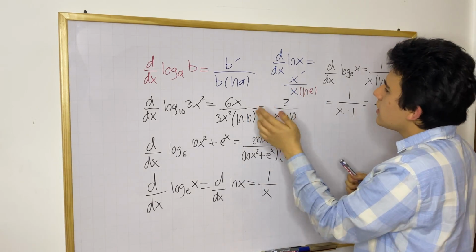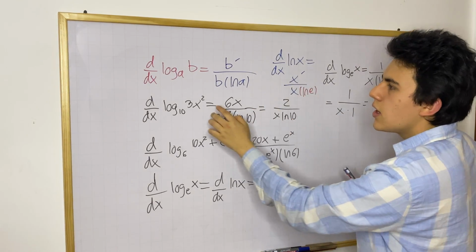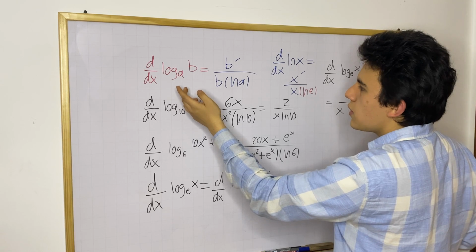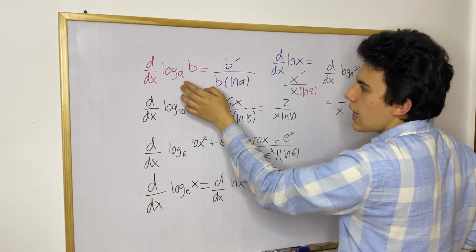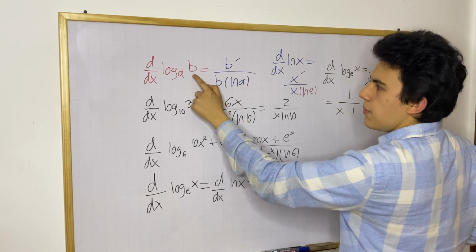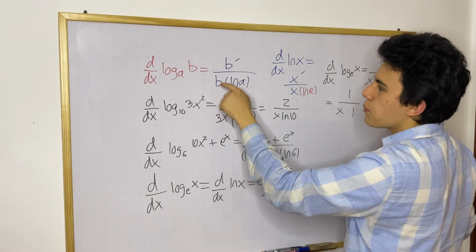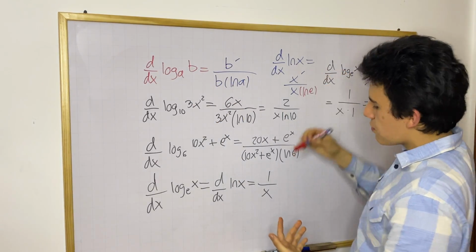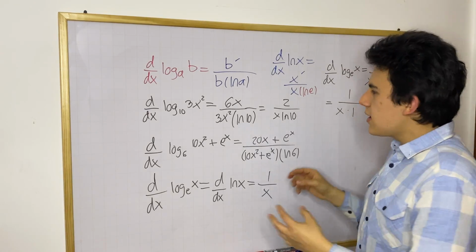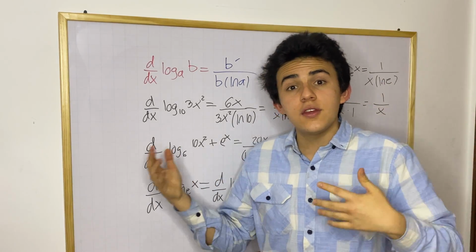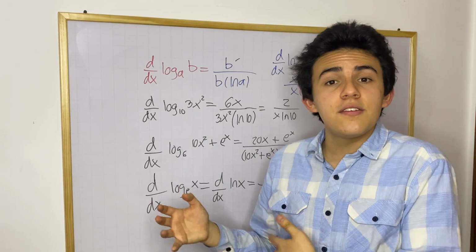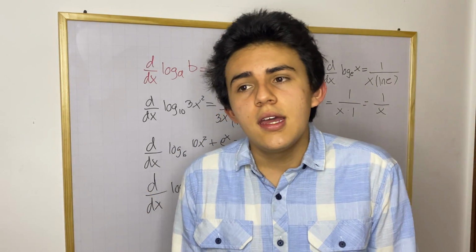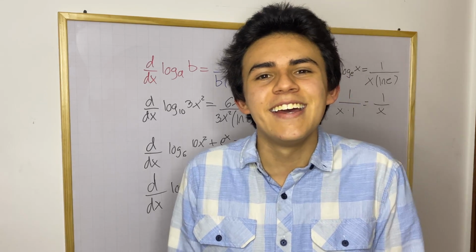And you get that the derivative of ln x is equal to x prime over x, which is the same as if you had the logarithm log a, where a is equal to e, of b. So you take b prime over b, which is exactly the same as x prime over x. I think this is pretty cool when you use different rules and you get to the same number. It just shows you how cohesive and consistent, as I said before, math is, and that's really amazing.